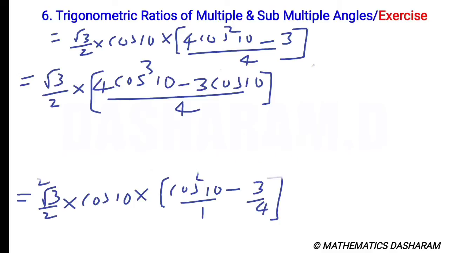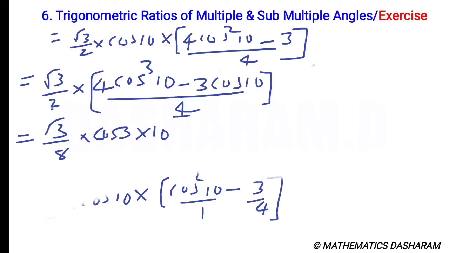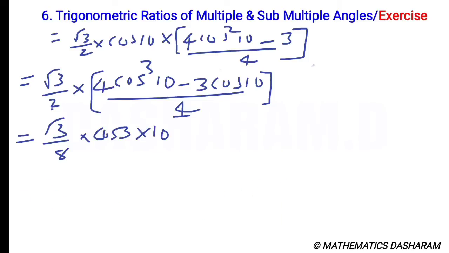So here we can apply one formula. Here 2 into 4, 8. So root 3 by 8 into 4 cos cube a minus 3 cos a. Its formula is cos 3a. So 3 into a value 10. So then it is equal to root 3 by 8 into cos 30 degrees.